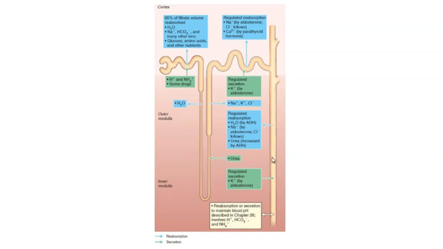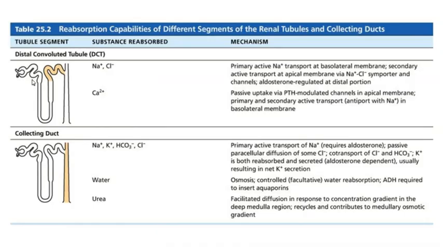Atrial natriuretic peptide inhibits sodium uptake in the ascending limb of the nephron loop and in the collecting duct here. So if our blood volume and blood pressure are too high, sodium and water are going to stay in the filtrate, and those will be lost in the urine. That will help reduce our blood pressure and blood volume.